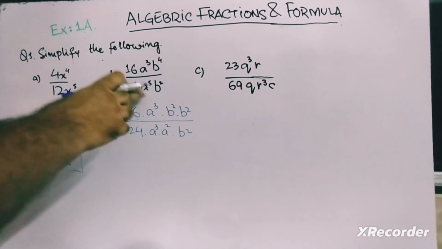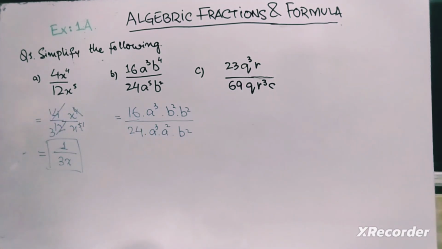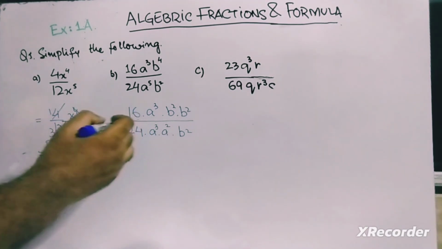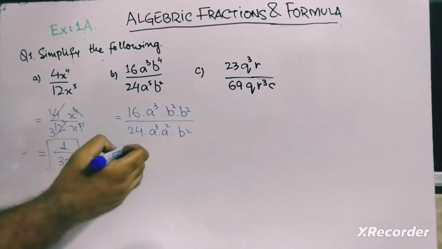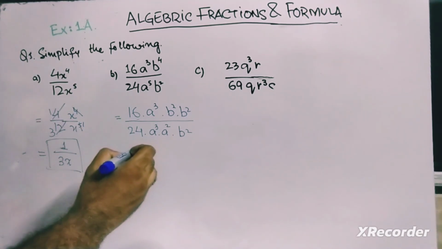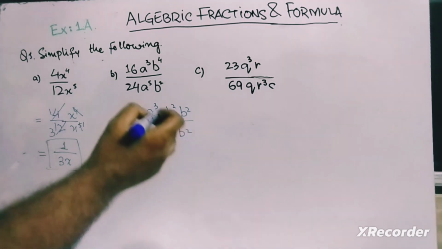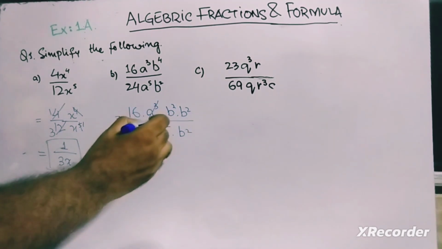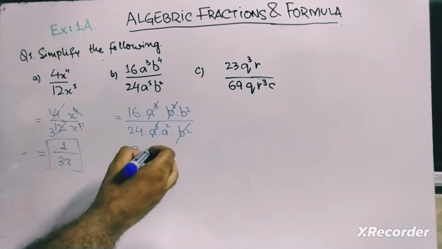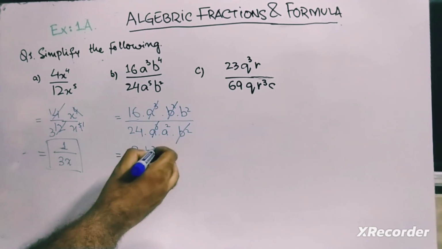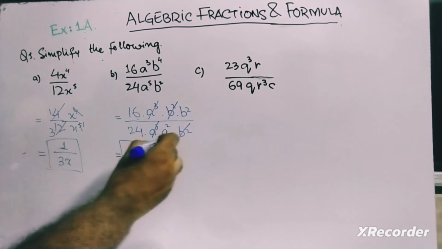Similarly we split a^5 into a^3 and a^2 for better understanding. We can cut down 16 and 24, both come in the table of 8: twice of 8 is 16 and thrice of 8 is 24. Now we can cut a^3 with a^3 and b^2 with b^2. What is left? In the numerator there is b^2, in the denominator there is 3a^2. So this is our required answer.